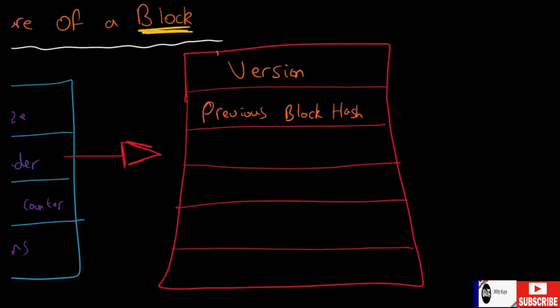This will become a bit more evident exactly what this is in a moment. We have a Merkle root, and the Merkle root is a hash of the root of a Merkle tree, which we'll cover in a separate video exactly how a Merkle tree works, and it's of all the block's transactions.